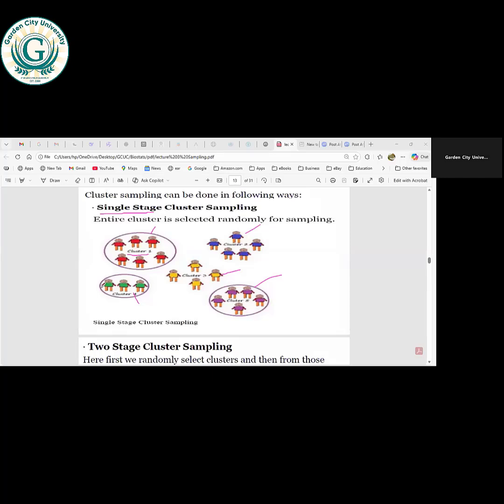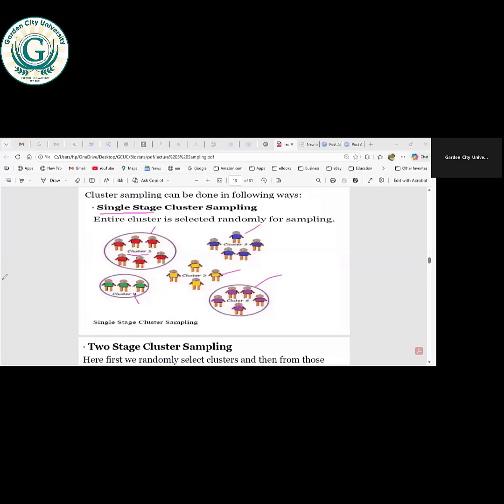If I select Central region, all the individuals in Central are going to be part of the sample. That is what we mean by single stage cluster sampling. The moment you select a cluster, all the individuals in there form part of the sample.